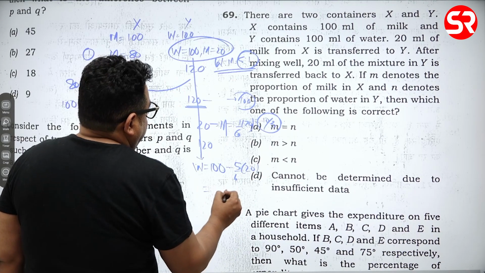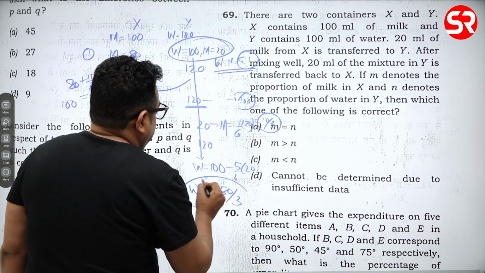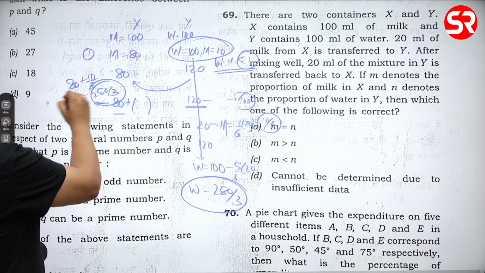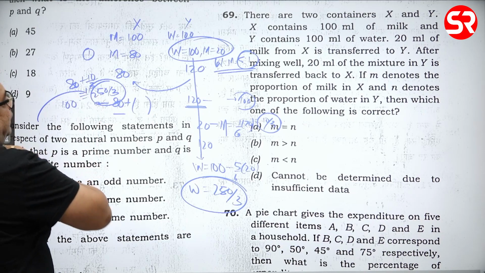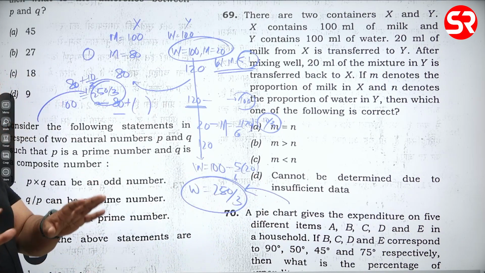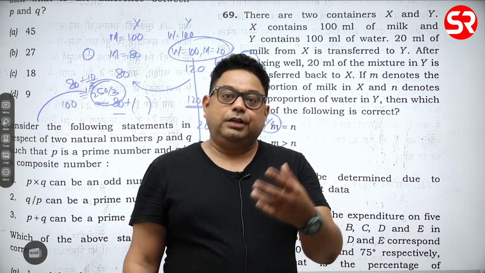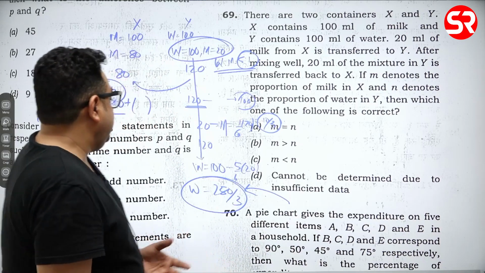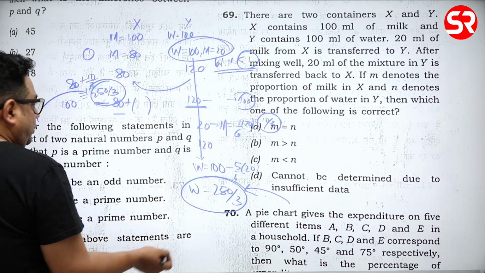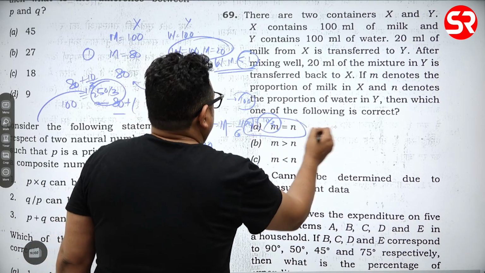And you would realize this also comes out to be 250/3. So the amount of milk in X and the amount of water in Y, in terms of percentages, would be 250/3 upon 100 each, which comes out to be equal. So M is equal to N.